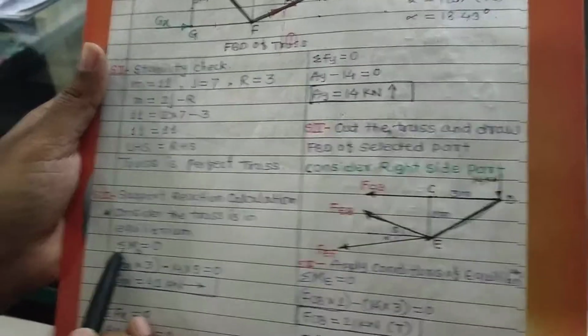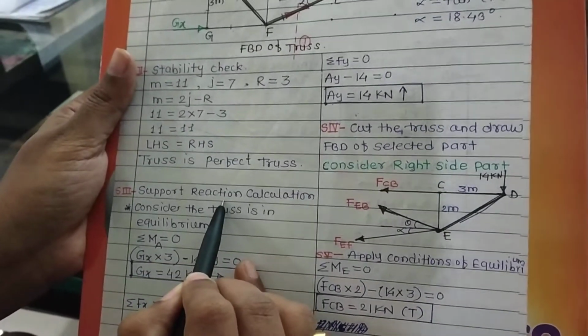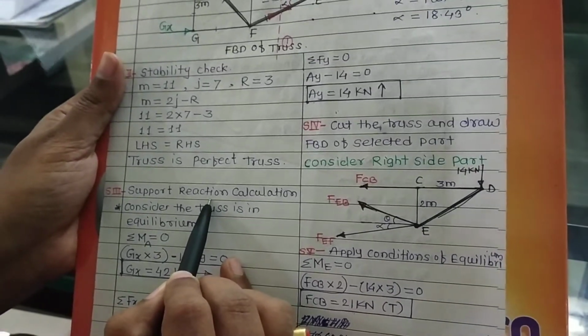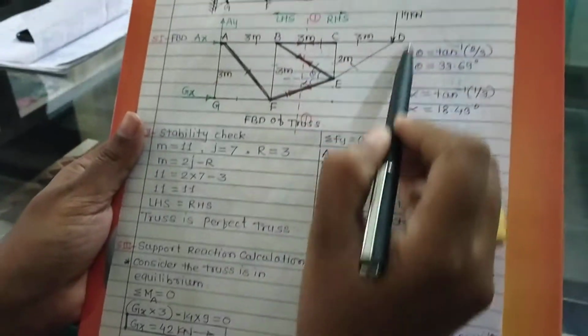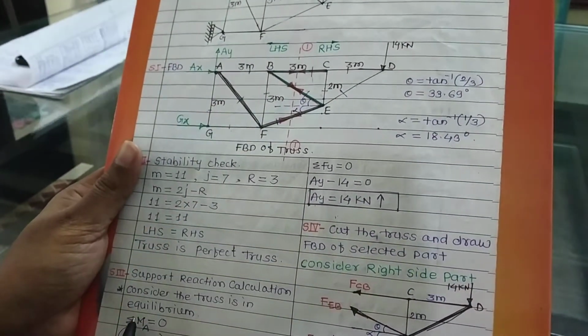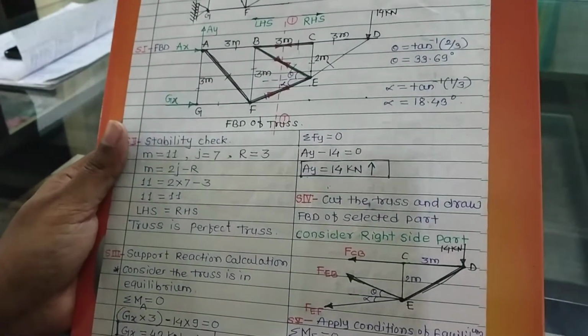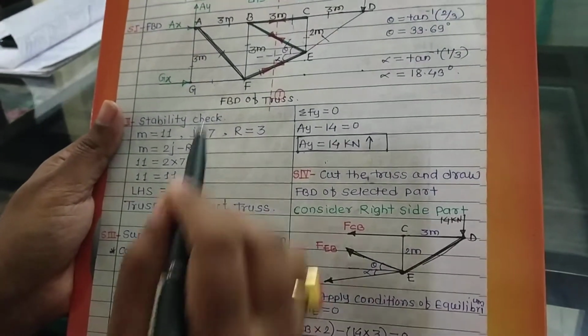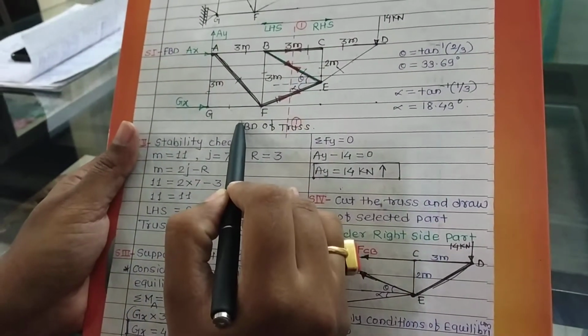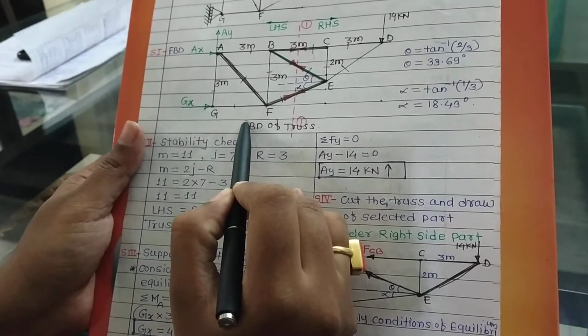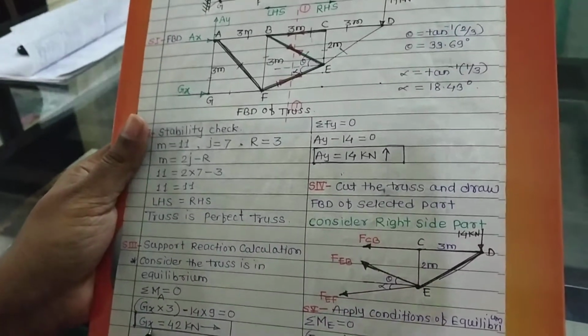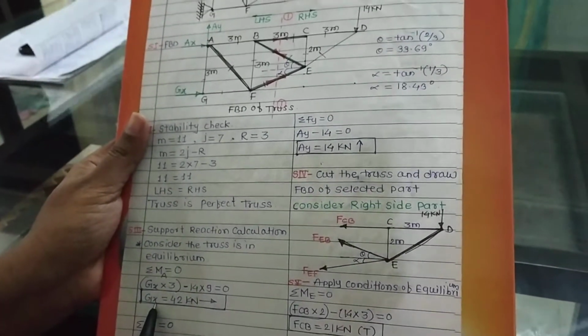The next step is to find out the support reactions. To find the support reactions, we have to consider the entire truss and apply all the conditions of equilibrium. As you see, when we consider the entire truss, it is a non-concurrent force system, so we are applying the conditions for non-concurrent force systems.